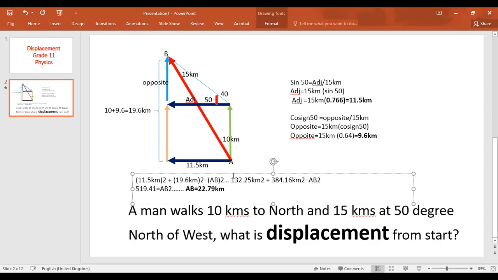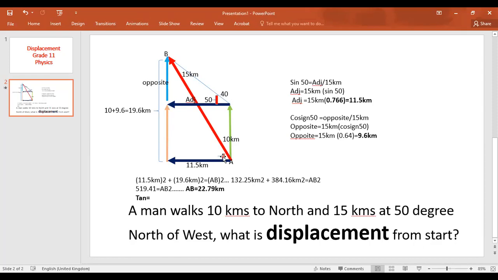So the angle should be calculated. So how can we calculate the angle? Let's get it from the tangent. So 11.5 divided by 19.6.